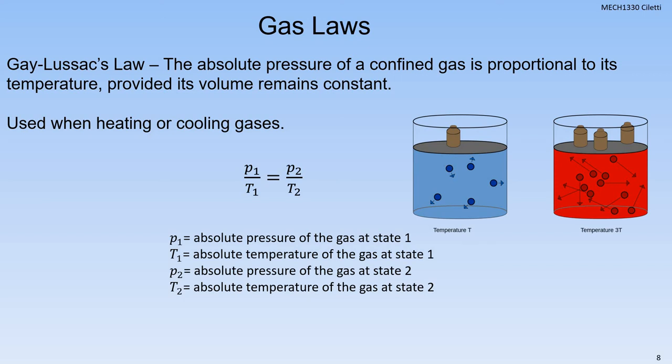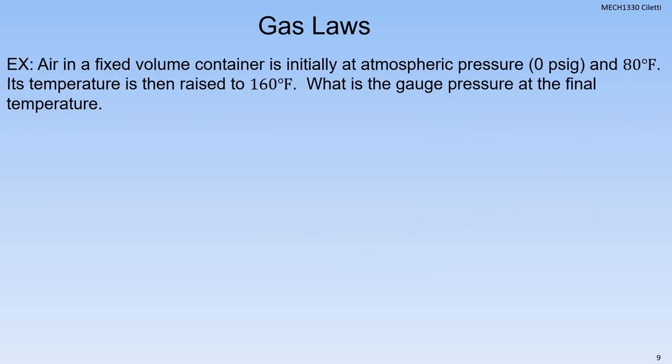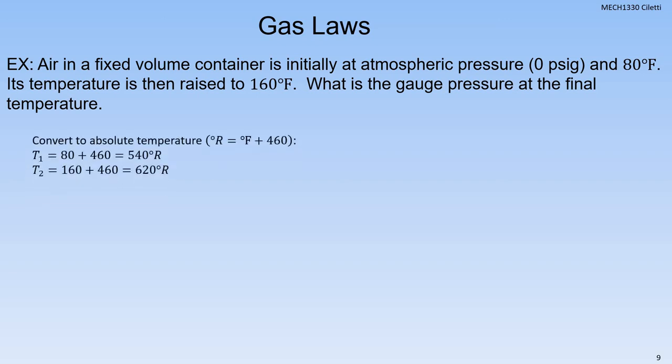So let's do an example here. We have air in a fixed volume container initially at atmospheric pressure of 0. So we're reading the gauge there. And 80 Fahrenheit. Its temperature is then raised to 160 Fahrenheit. What is the gauge pressure at the final temperature? So we have to get into absolute temperature first. We have to take 80 plus 460 because we have to be in Rankine.